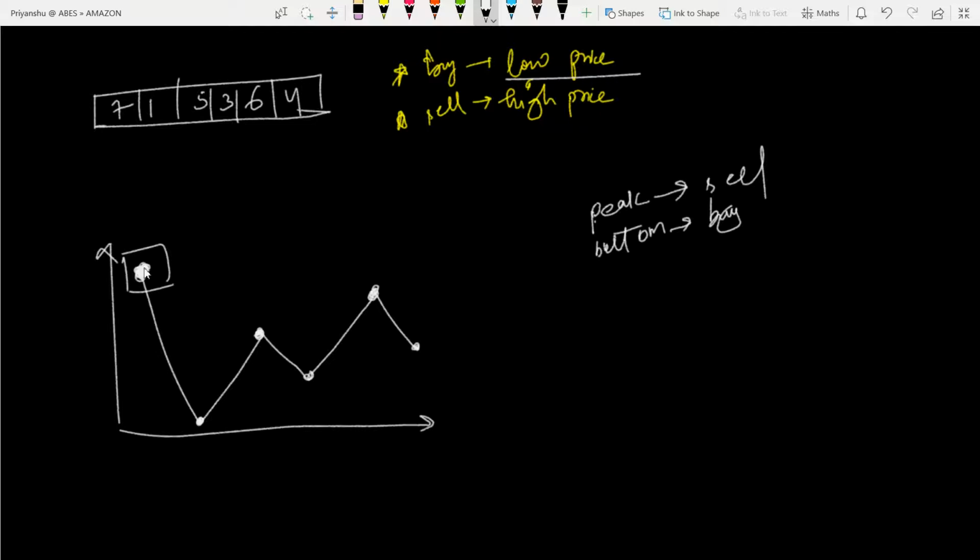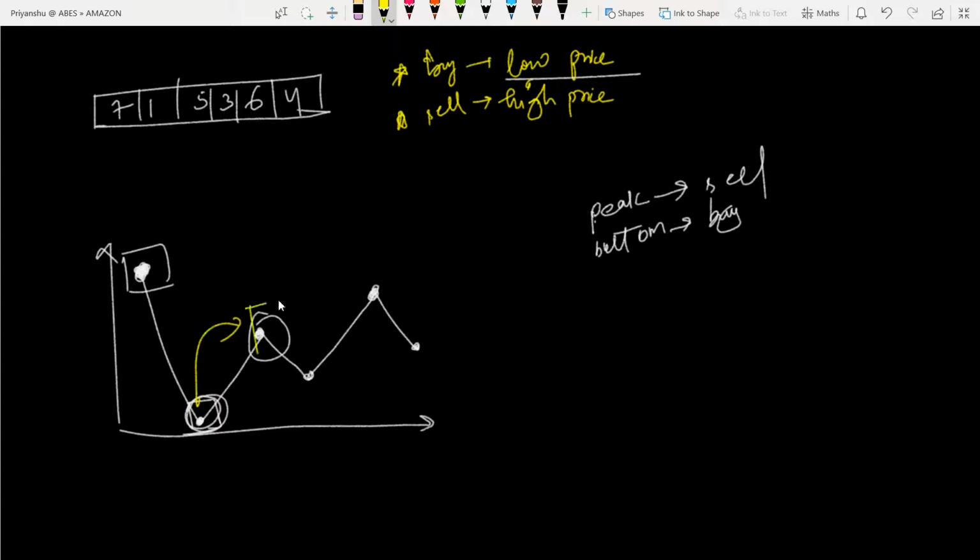It is not logical to buy at this point if we already know what the prices of the consecutive days will be. Is it logical to buy stock on this particular day? Yes, it is absolutely logical to buy it, because on the next consecutive day its price will go high, so we'll get a profit here.